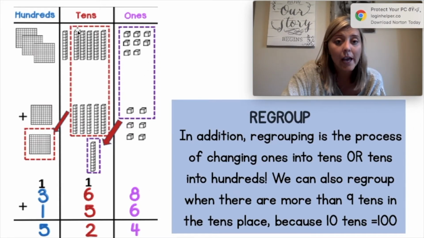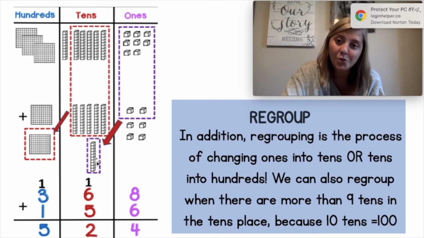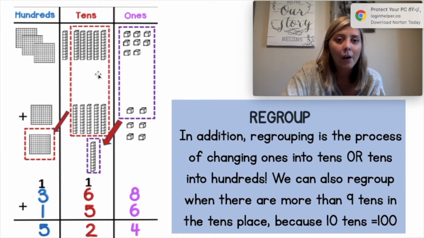Now they're going to add their tens. They had 6 tens, 1, 2, 3, 4, 5, 6, from 368. They had 5 tens right here from 156. They also have a new 10 from regrouping from the ones to the tens. Now, if we have 6, 7, 8, 9, 10, 11, 12 tens, that is way too many.